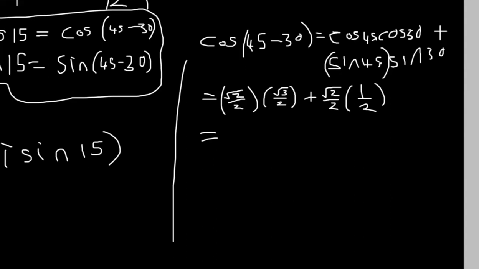Then you calculate this. This is root 6 over 2 times 2 is 4. Then plus root 2 over 4. So this is our cos 15 degrees.